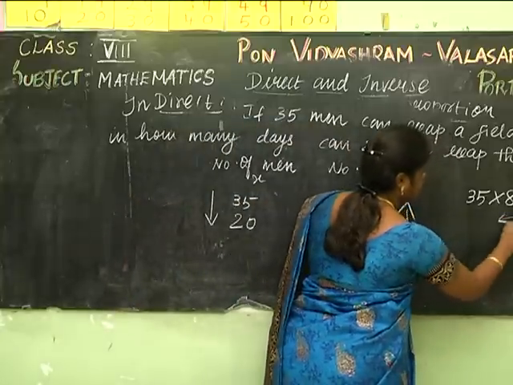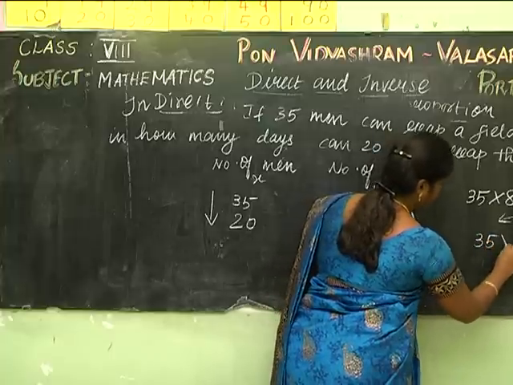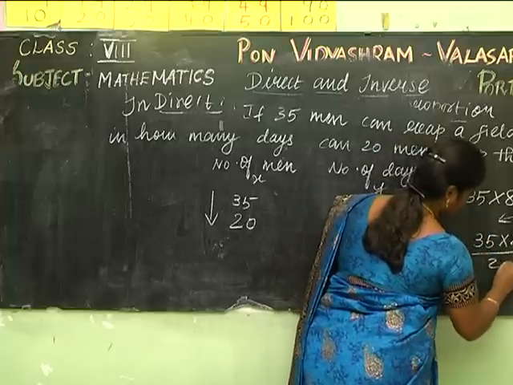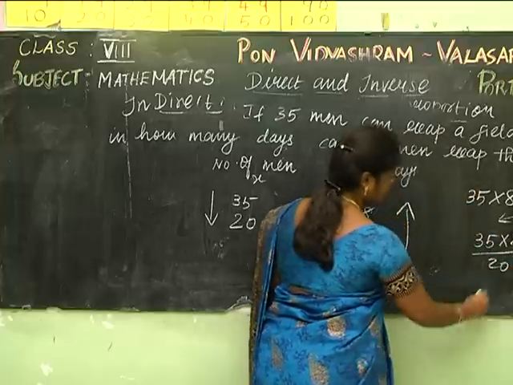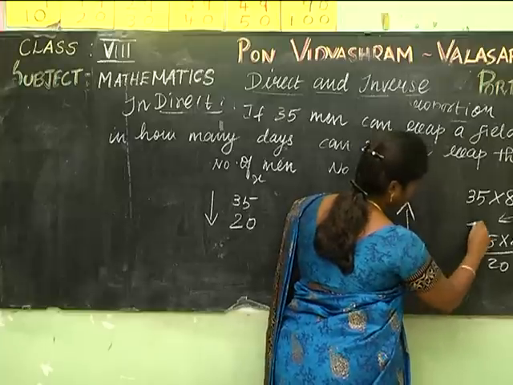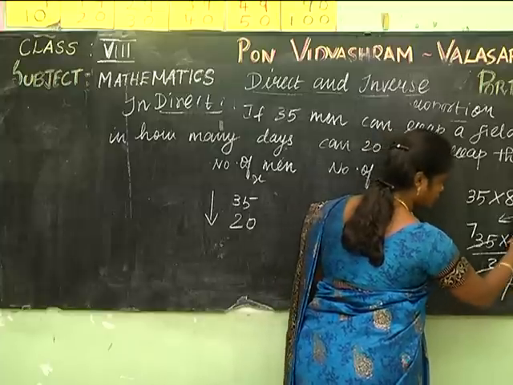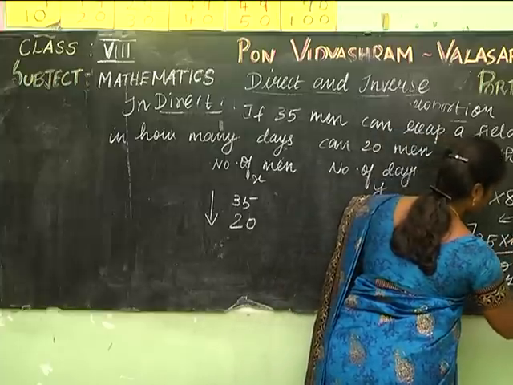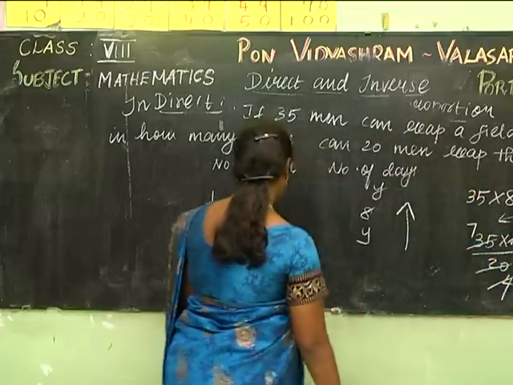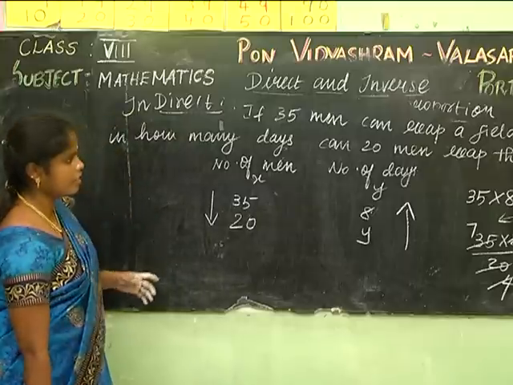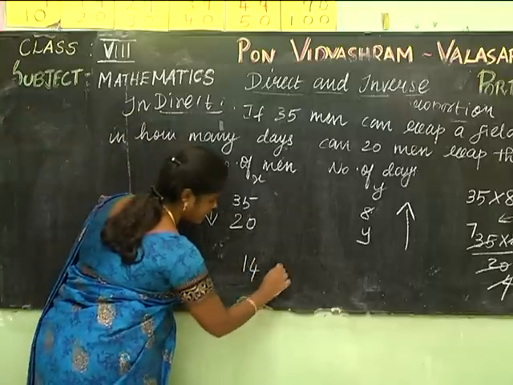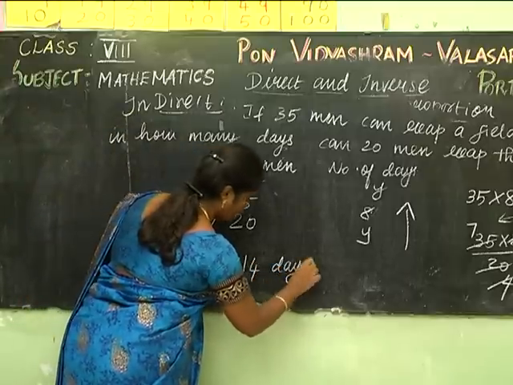Now, the multiplication will become division on the opposite side, cross multiplication. Then cancel. 7 5s are 35, 4 5s are 20, 4 1s are 4, 2 4s are 8. So y is equal to 14. So 20 men can reap the field in 14 days. So the answer is 14 days.